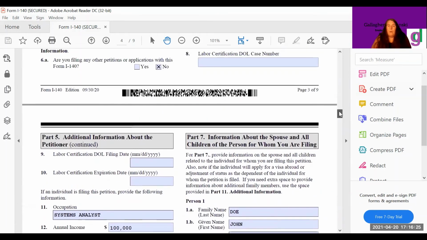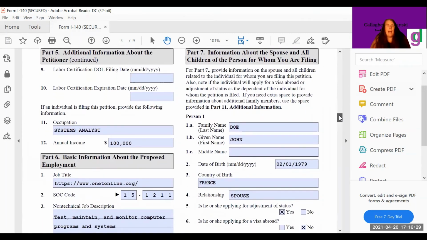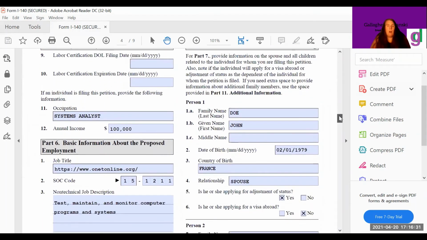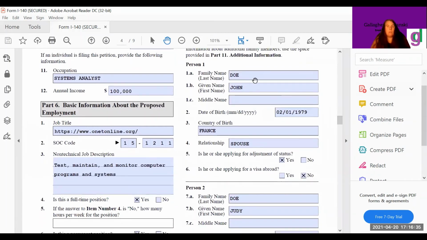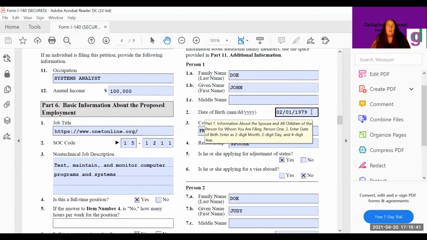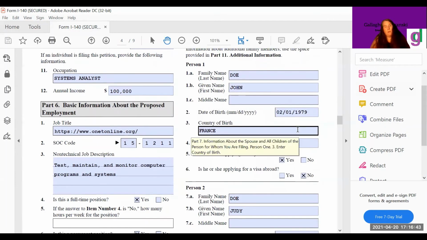Okay, so now we're at part 7 for your family. And so now I'm putting Jane Doe's spouse. So last name, first name, middle name, if any, birth date, where they were born. It's okay if they were not born where you were born.